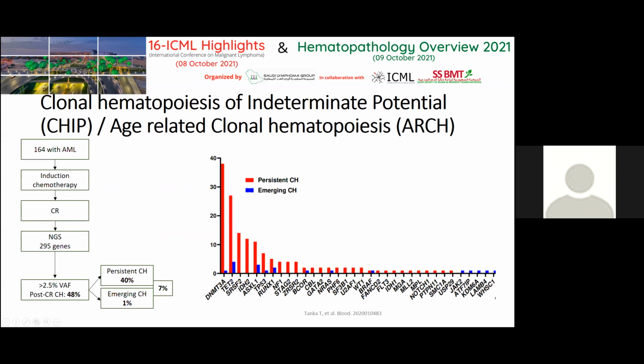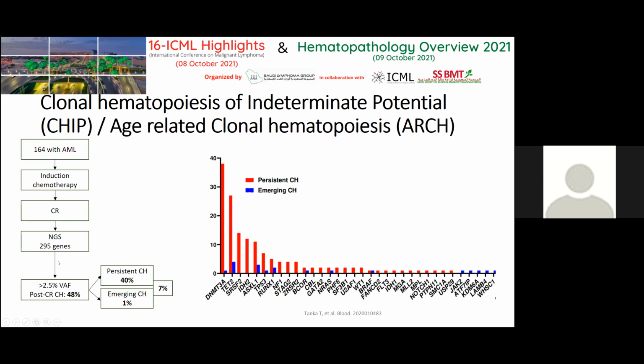So in this study, the authors looked at a series of patients with AML who achieved complete remission. And then they analyzed the dynamics of persistent clonal hematopoiesis and investigated its clinical implication after they sequenced them using a targeted panel of 295 genes by NGS.